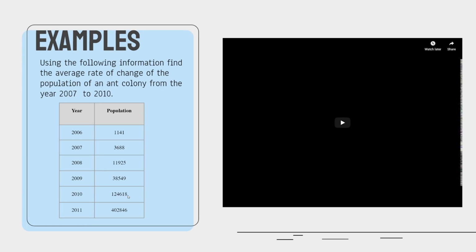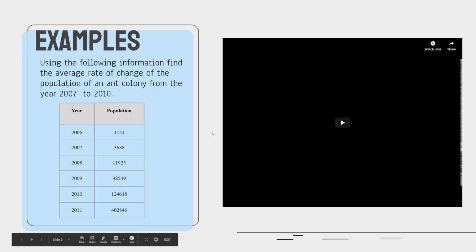And the way we find the average rate of change is of course by applying delta y over delta x, which would mean we would have the second y value, as we refer to here, minus the first one, all divided by 2010 minus 2007. Of course, you could just quickly do this on your calculator, so I don't think we'll spend any more time on this.